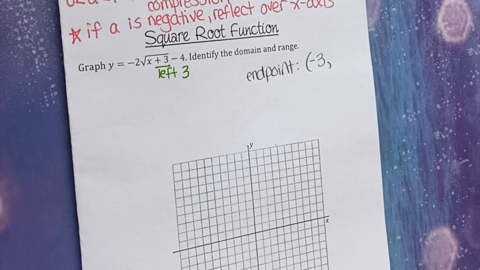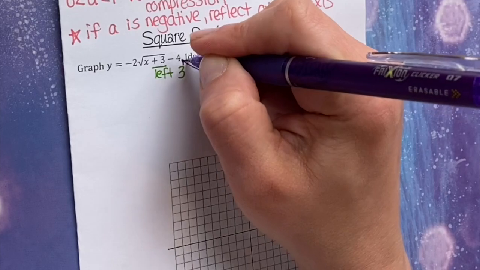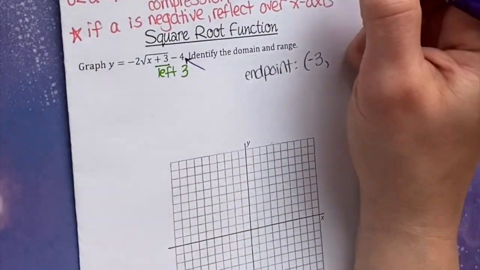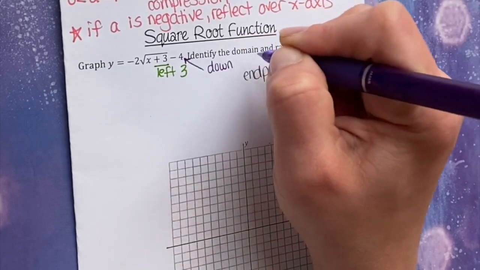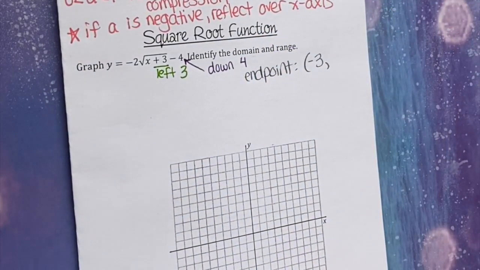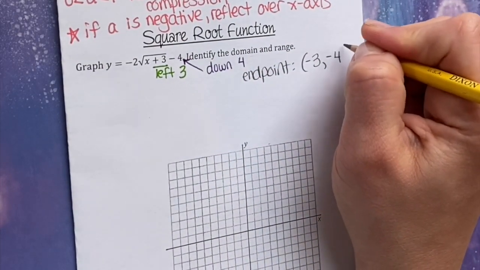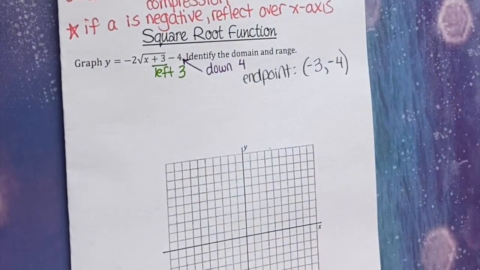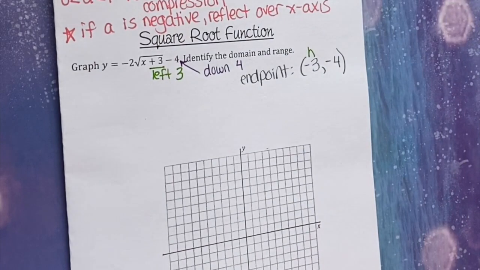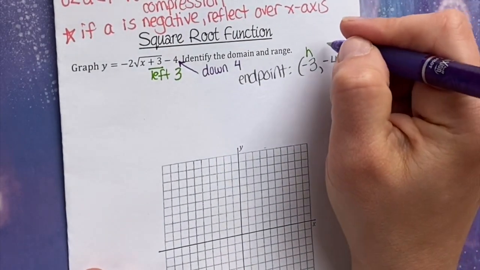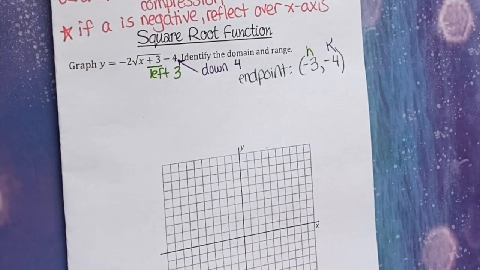And then going back to the equation, looking at our k value is -4, so that means we're going down. So our y value for our endpoint would be -4. So remember, h and k give you your endpoint for the graph.